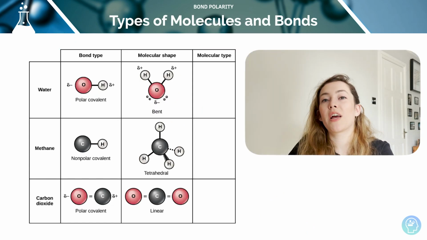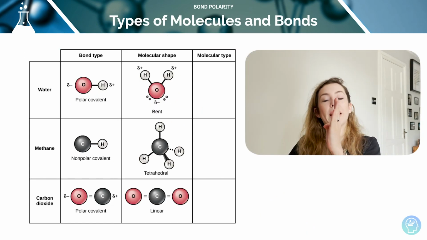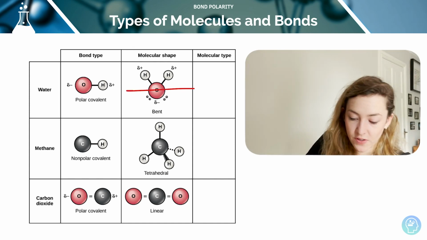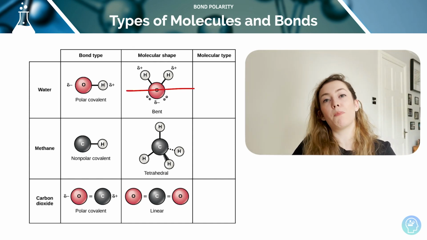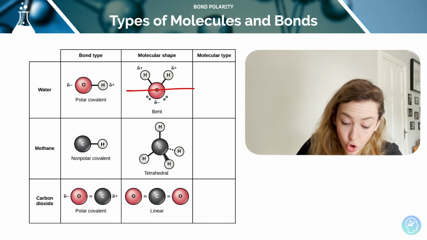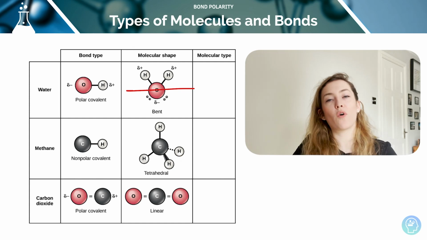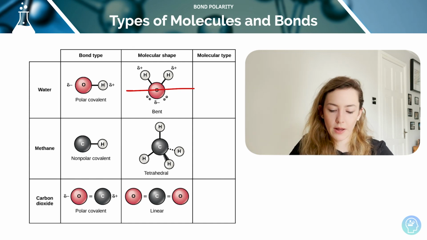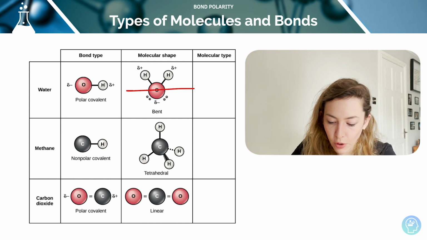So we consider water as non-symmetrical. Although it's got that one plane of symmetry, it has not got a full plane. The other plane that I showed you before is not symmetrical, okay? So water has polar bonds and is a polar molecule. Methane has non-polar bonds, because although we've got two different atoms, carbon and hydrogen are very similar in terms of their numbers on the Pauling scale. So they are considered non-polar. Overall, we've got a non-polar molecule.